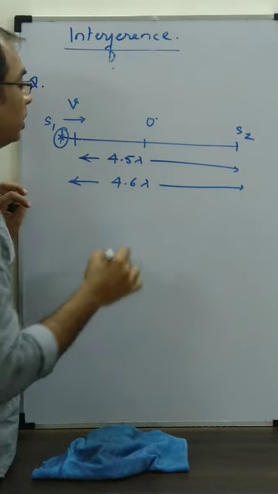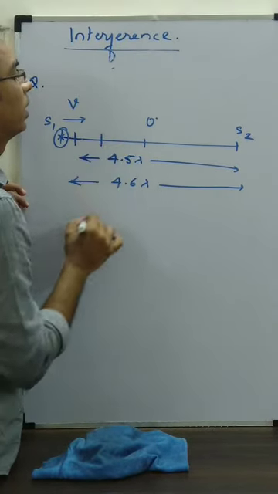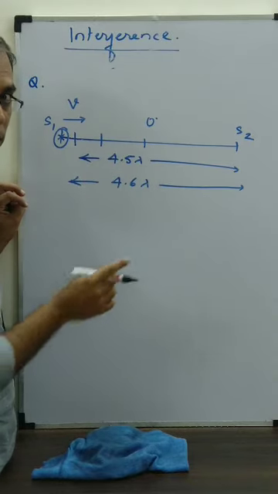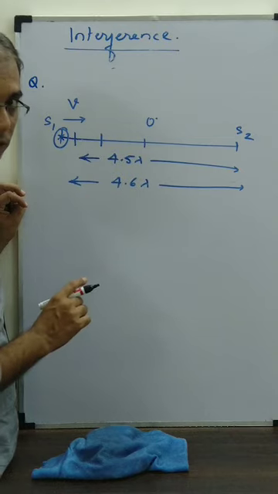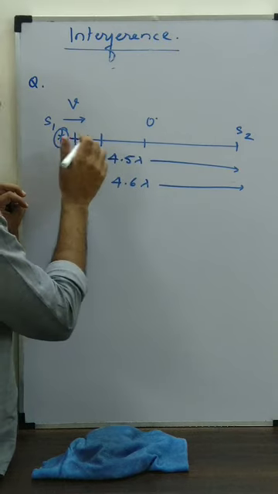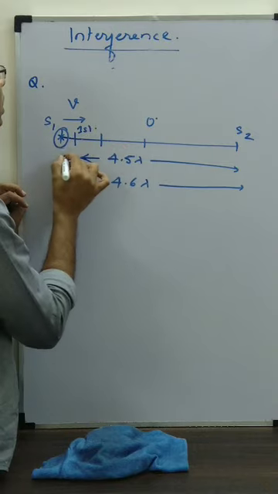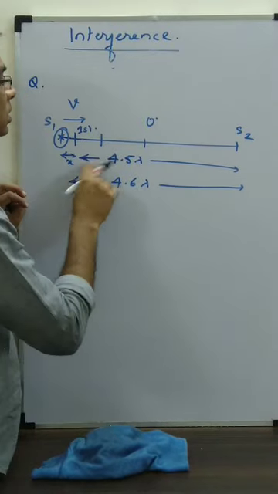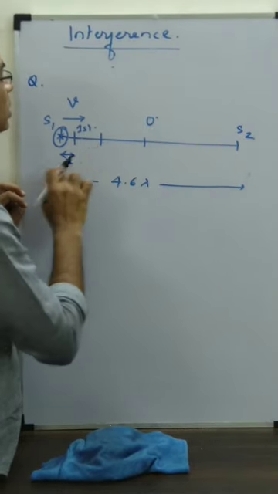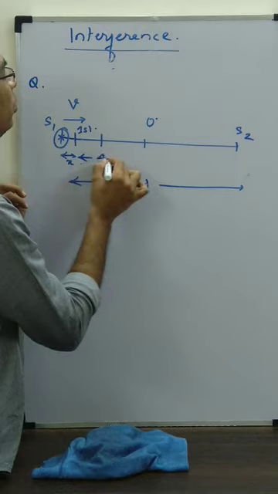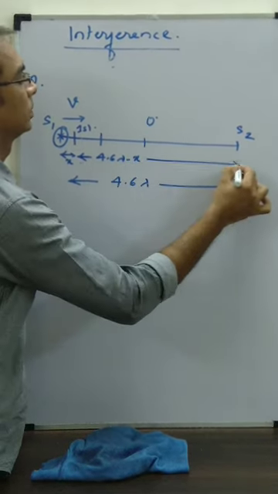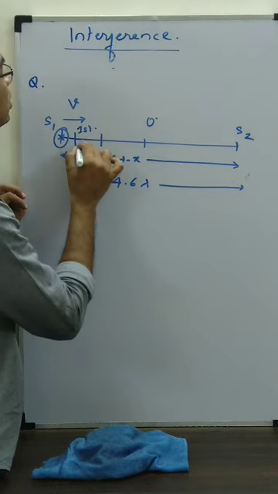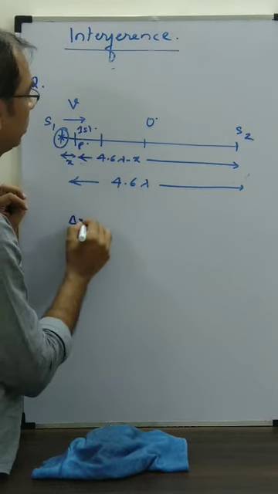When the path difference is going to become 3.5 lambda, in that case we are going to get the second minimum. So the first minimum we are searching, suppose, then we will say that this is x. Then how much will this be? 4.5 lambda.